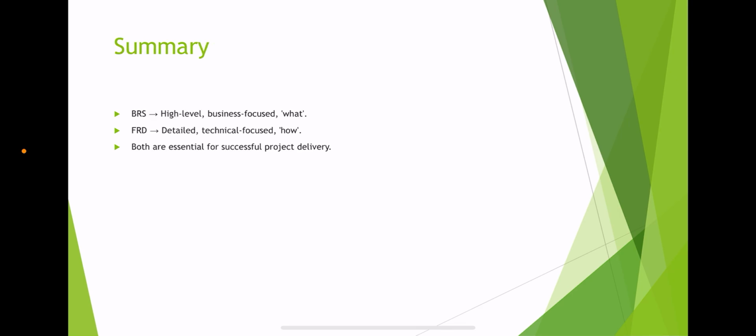So let's go to our summary. What have we learned? BRS is the high level document which is business focused and covers what to implement, whereas FRD is a detailed document which is technically focused and covers how to develop the application. Both are essential for successful project delivery.